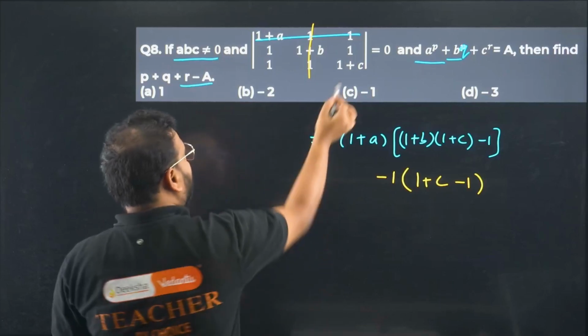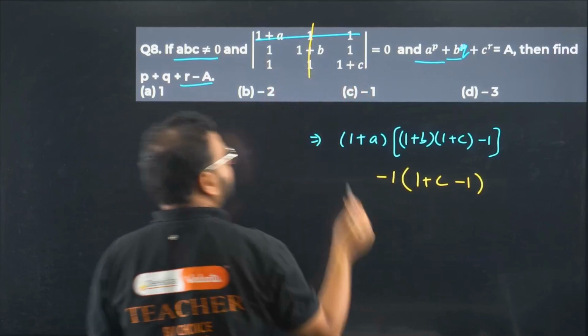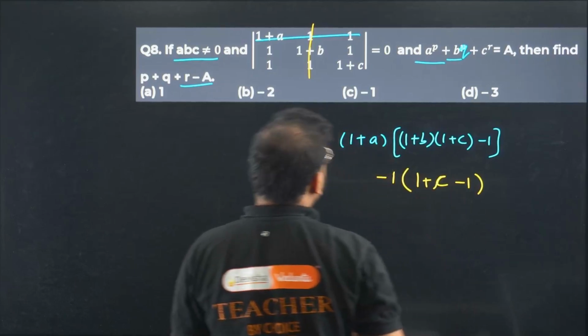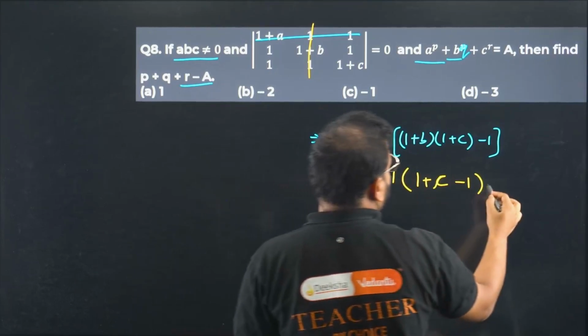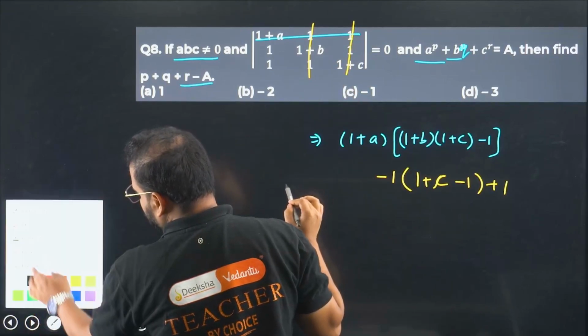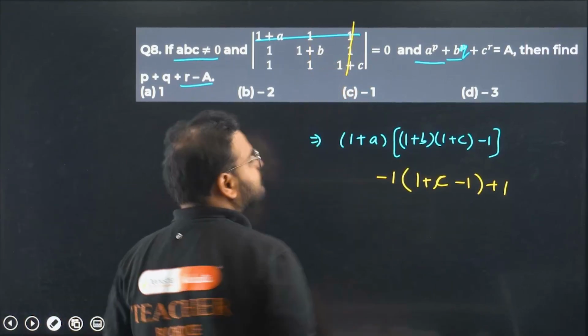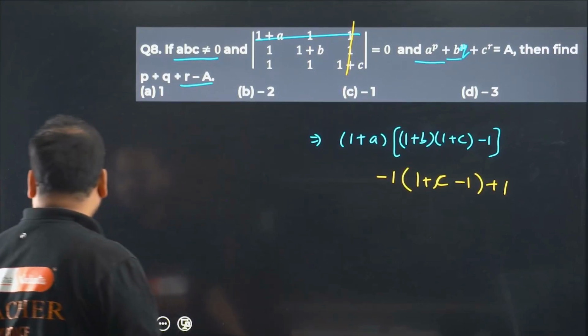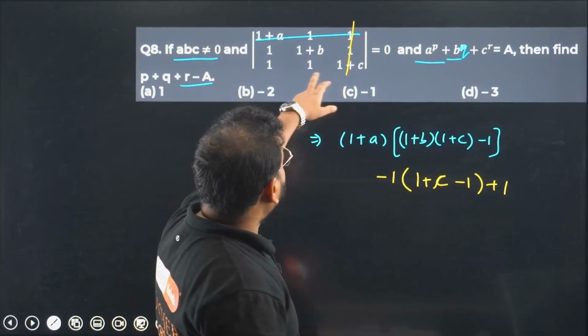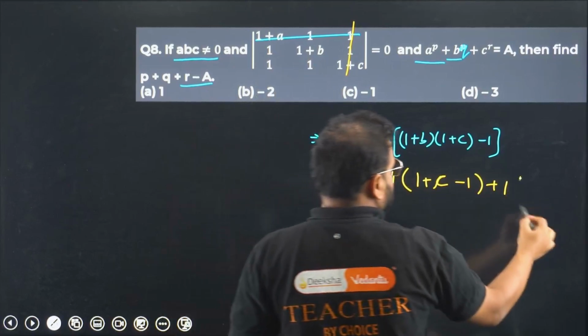Please check. 1 plus C into 1 is simply 1 plus C, and 1 into 1 is minus 1. Subtraction is there, 1 plus C is there, and the last one will be plus 1 only. We'll have to cancel the third column, right? I hope you know by now how we are finding the determinant. That's not a problem. 1 into 1 is going to be simply 1.